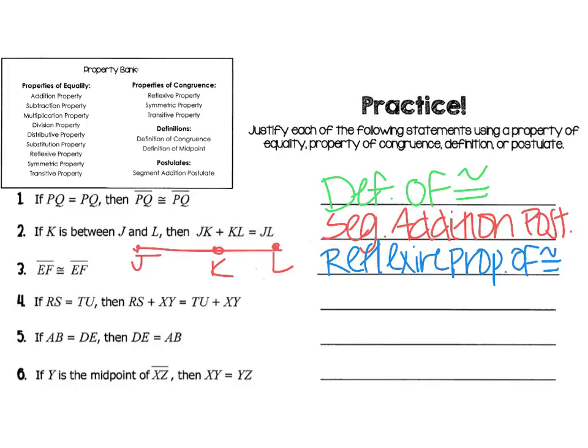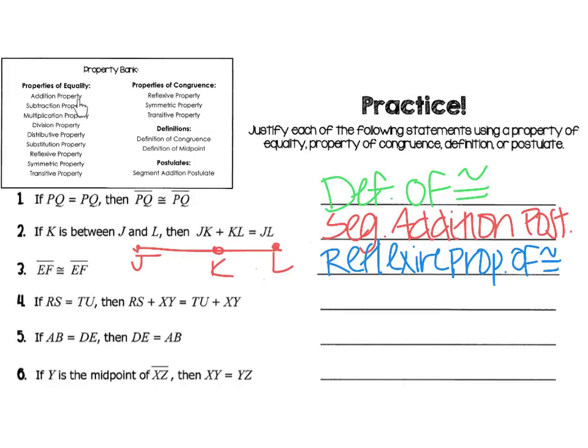Then number 4. If RS is equal to TU, so the measure of RS is equal to the measure of segment TU, then RS plus XY equals TU plus XY. So what changed from this to this? What we're doing is adding the measure of XY to both sides of the equation. If we're adding the same value to both sides of the equation, this would be the addition property.